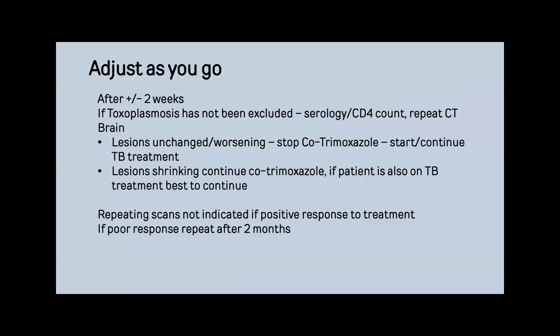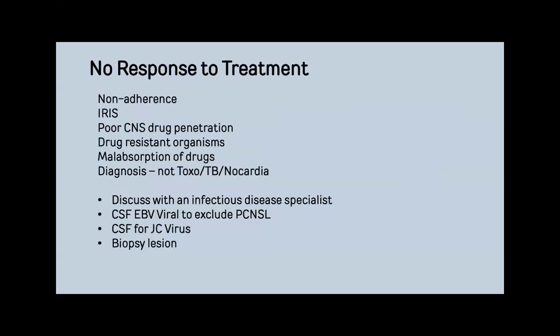If the lesions are shrinking, you continue with the cotrimoxazole. If the patient is also on TB treatment, it's best to continue with this as well. Repeating the scan is not indicated if a positive response to treatment is noted. If poor response, you must repeat the scan after 2 months.